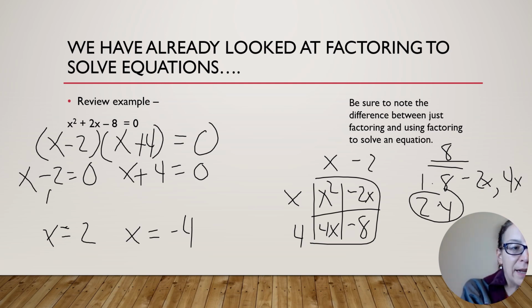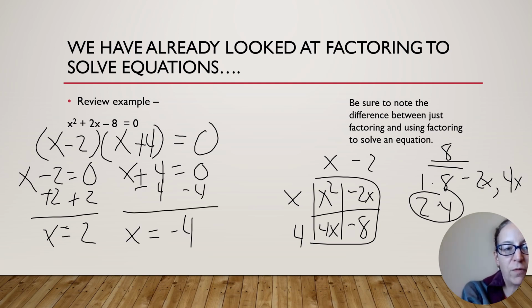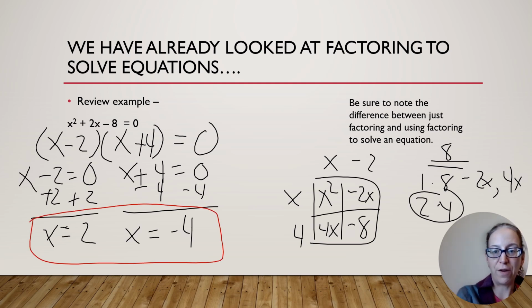Then we solve these by adding 2 to both sides, therefore x is equal to 2, or subtracting 4, therefore x is equal to -4. You do need both of those answers to have solved the equation, because both of those numbers will make the equation true. We're looking for the values of the variable that will make it true.